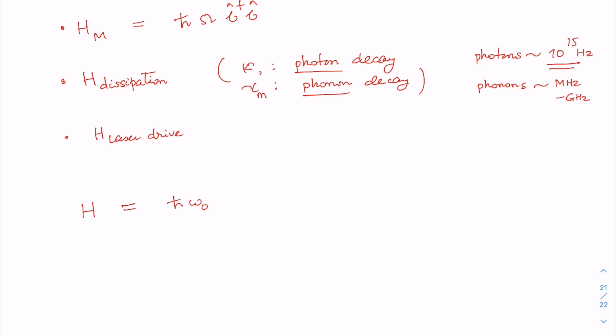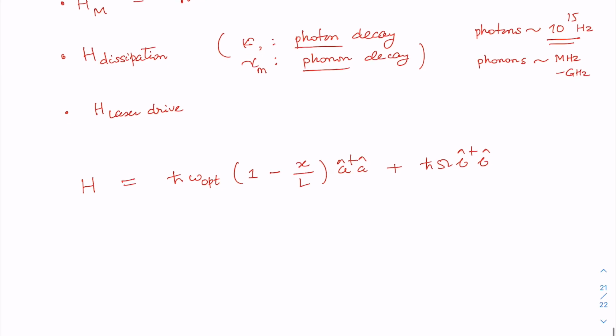Total Hamiltonian is h cross omega opt (1 minus x by L) A dagger A. Then we have h cross omega B dagger B, that is due to the mechanical oscillator. Then we have the laser drive, and then all kinds of dissipation processes.